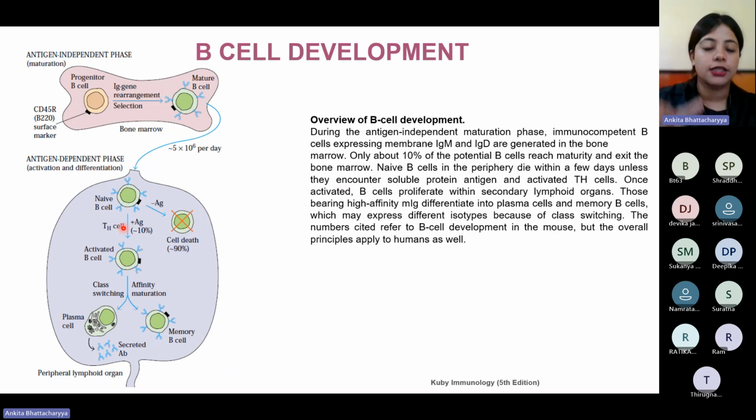Why are they getting selected? Because they are specific towards an antigen which is present on some sort of foreign pathogen which has invaded the body. Those bearing high affinity, mIg stands for membrane immunoglobulin, or surface receptor, let's call it that for now. Those which have high affinity antibodies, which is the process of affinity maturation, will then undergo differentiation into plasma cells and memory B cells.